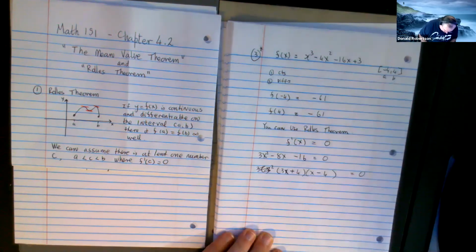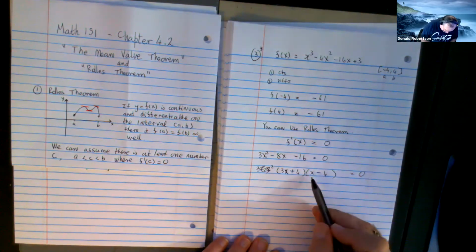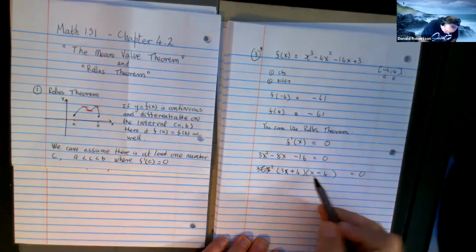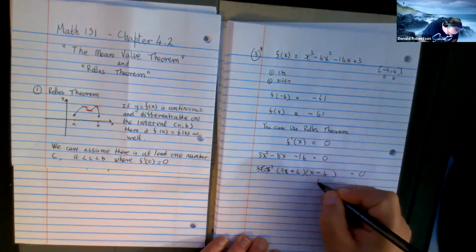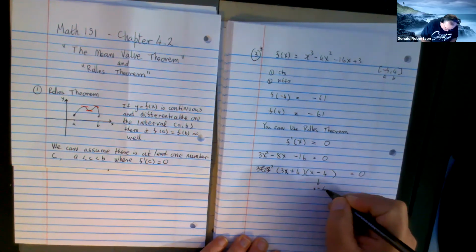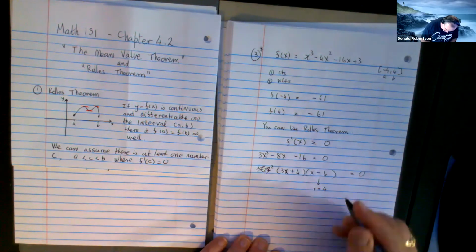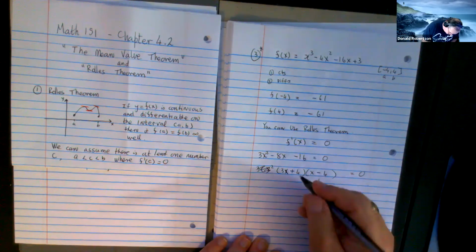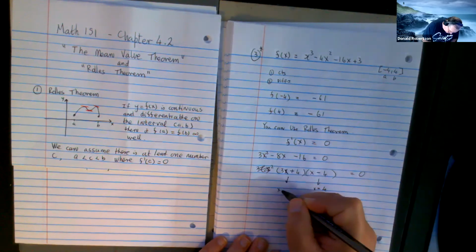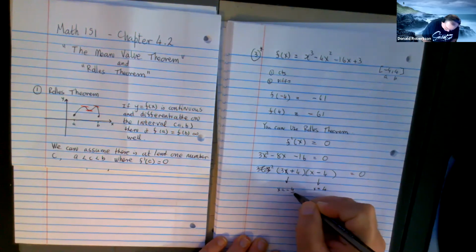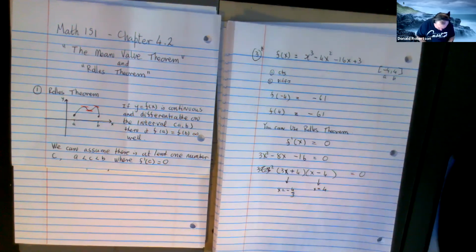There we go. Double check it. 3x squared minus 12 plus 4. Nailed it. So that's one of the places where the derivative is 0. This is the other location where it is 0.